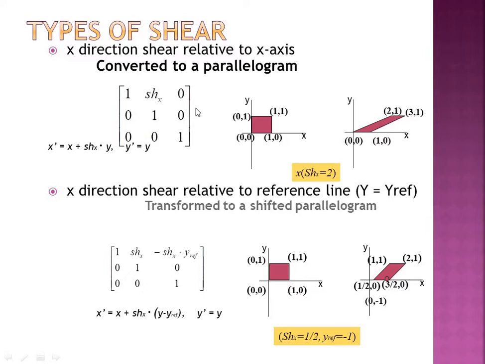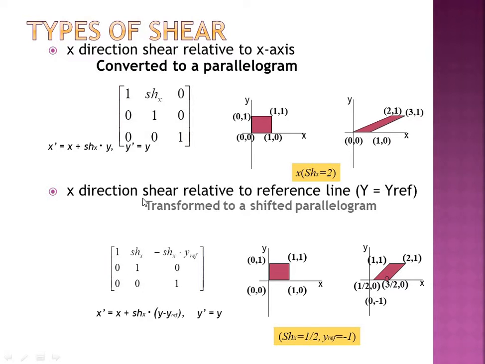And the result is, suppose there is a square and it gets converted to a parallelogram after applying this shearing transformation. Here the shearing parameter SHX is specified as 2, and as a result this square gets converted to a parallelogram, and as you can see, it appears like somebody has dragged the square towards the right direction.